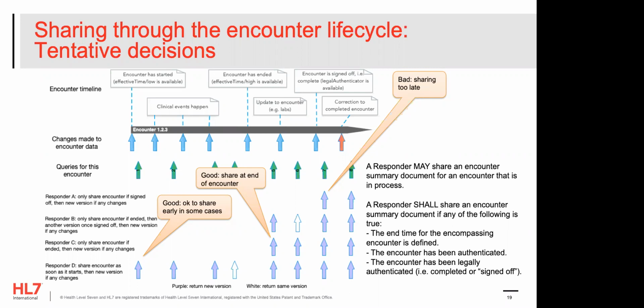So I'm less hung up on whether it is a discharge summary, a progress note, or a history and physical. It's more about picking an appropriate vehicle for sharing the information collected during that kind of encounter. Right. That's a good point.